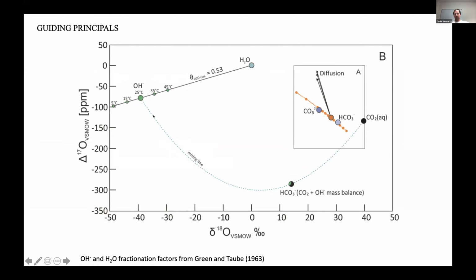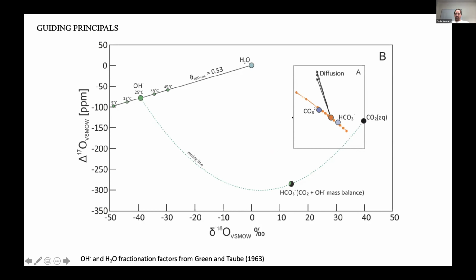In this reference frame, mixing is on curves, and your mass balance product could plot down here. This is at minus 300 ppm. So the difference between this mass balance point and H2O here, that's the difference between Earth and Mars. It almost reaches processes that we would exclusively direct towards mass-independent processes.